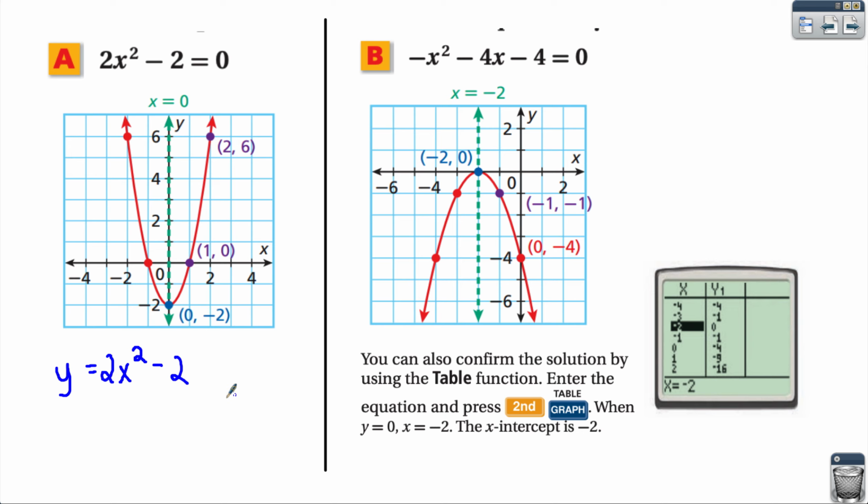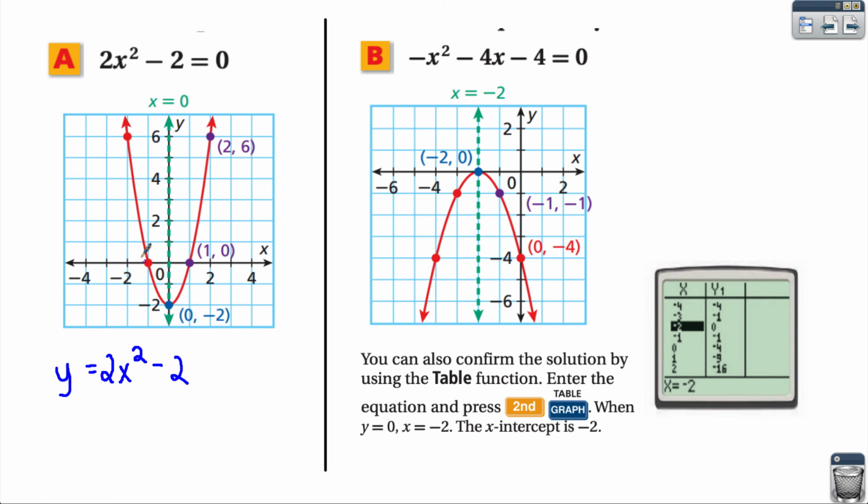And so when you go ahead and graph them, you're supposed to produce this graph right here. What happens is, to solve for the quadratic function by graphing, you're actually looking for the zeros, or the x-intercepts. Where does the function, or the graph, cross the x-axis?